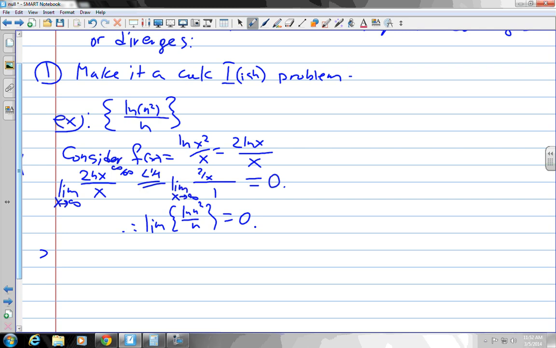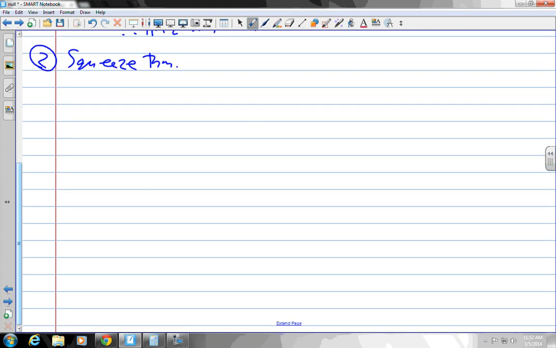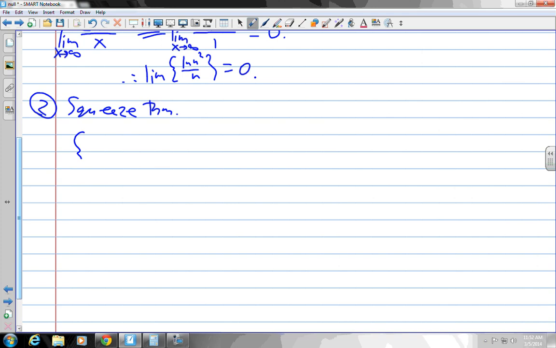Another, we can use the squeeze theorem when applicable. Here I have an example of cosine of pi over 2n plus 1 over n squared. So the numerator is between -1 and 1, right?